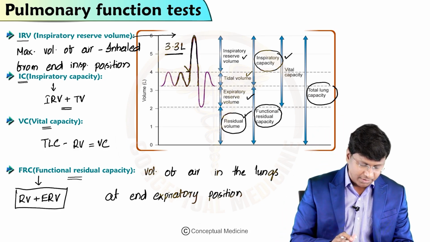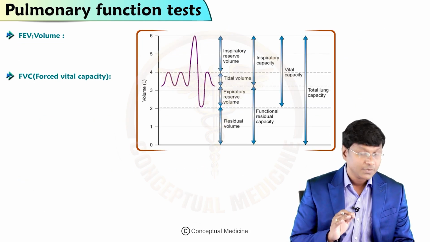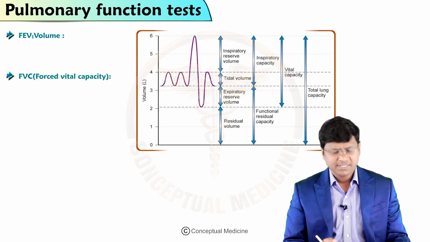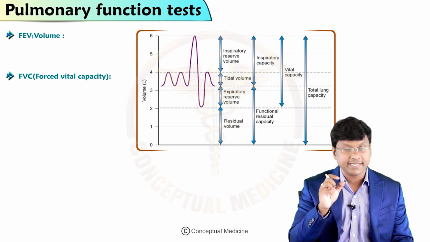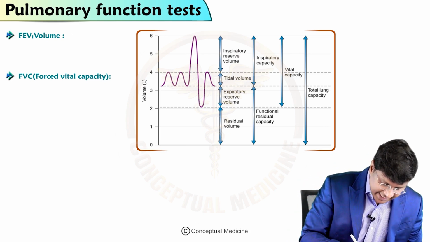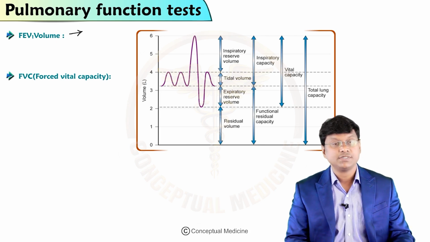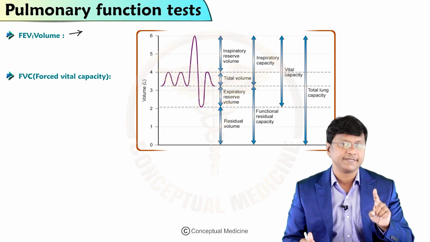Now, having discussed the volumes and capacities, let me discuss the dynamic lung functions. Particularly you have to know that in dynamic lung functions, we also take the time factor into consideration. So, FEV₁, that is forced expiratory volume at the end of the first second.